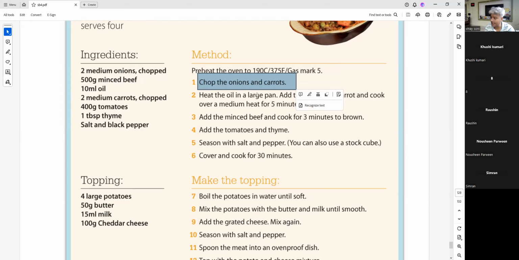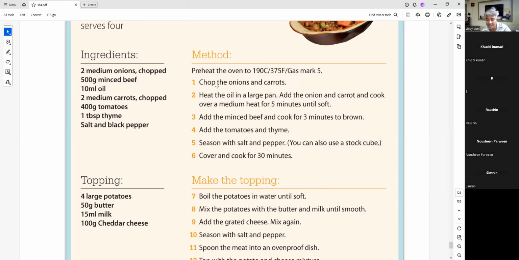In Hindi, we will say, काट लीजिए. कौन काटेगा? आप काटोगे. यू की जरूरत नहीं है. It is understood. Chop the onions and carrots.